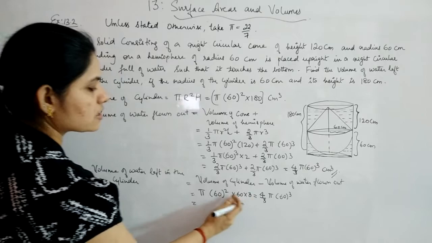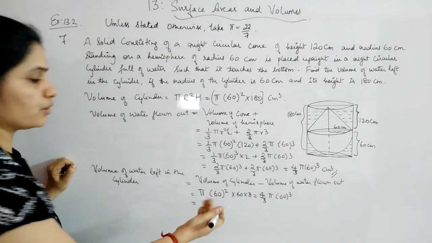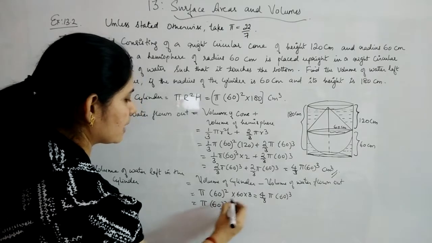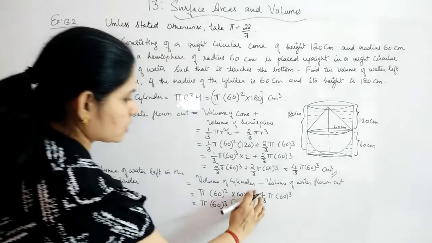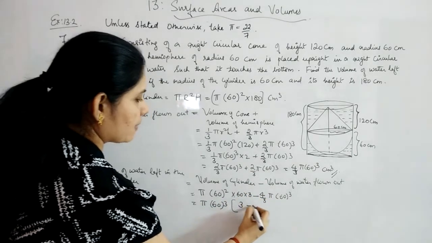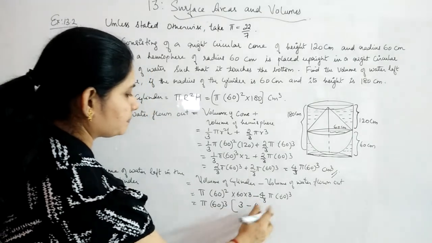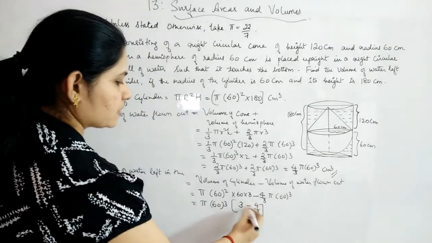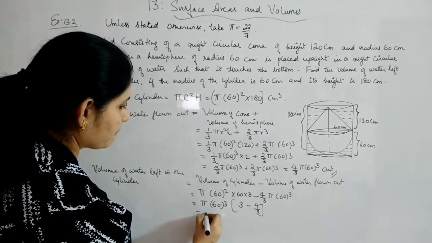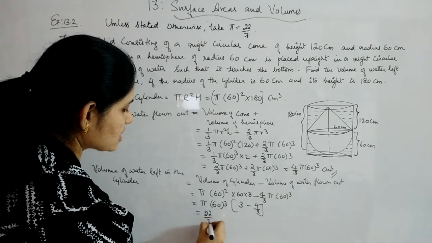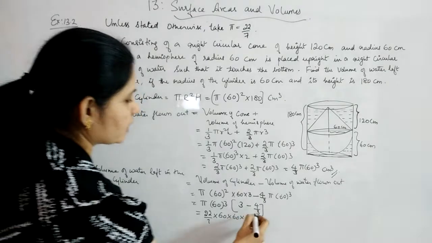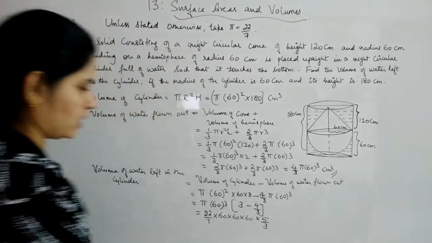And this again 60 can be taken here so that it becomes 60 the whole cube. So you will get 60 the whole cube in common and pi. So that I have taken out, sorry, this minus, that I have taken out. So the remaining part is here I have 3 minus 4 by 3, right? So this one will give you 9 minus 4 as 5 by 3. So it is pi, which is 22 by 7 into 60 into 60 into 60 into 5 by 3.